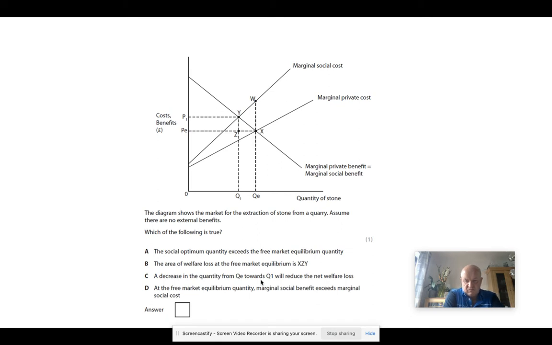Because the social optimum is at the marginal social cost, so the quantity being produced should be at a higher level than the free market, which was originally at QE. Take a look at that, assess each one of them, and then come up with the answer that you think it should be.